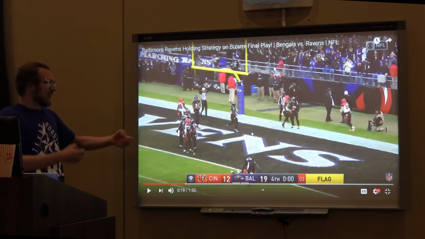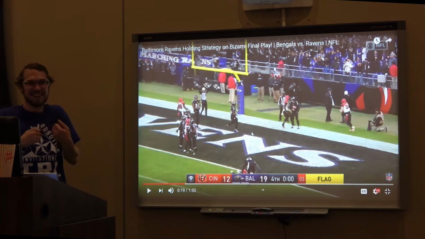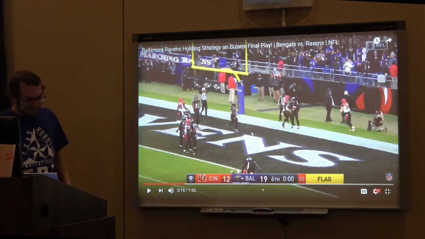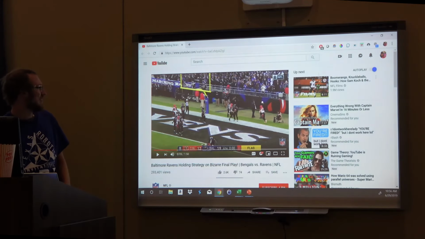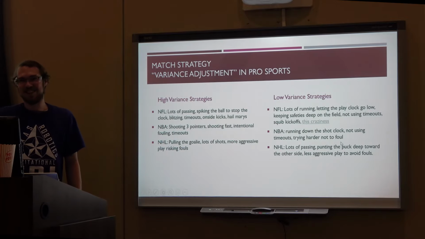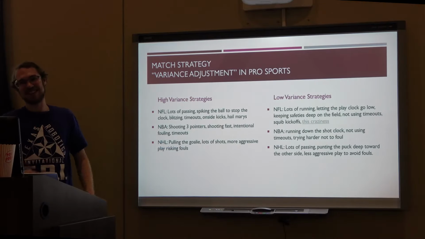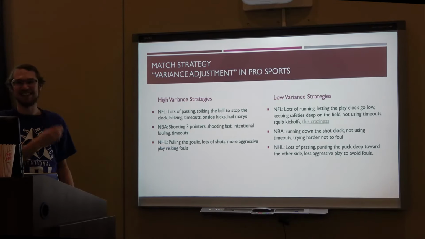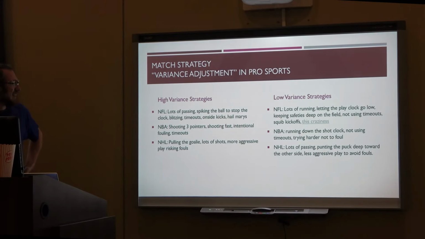The other team can't do anything because they've got him in chokeholds. The coach is a genius. That's a super low variance strategy. You're giving them 2 points, but you take out the last 11 seconds of the game. There's no way the other team can get anything out of it, and you guarantee that you win the match. They ended up changing some rules so that can't ever happen again.